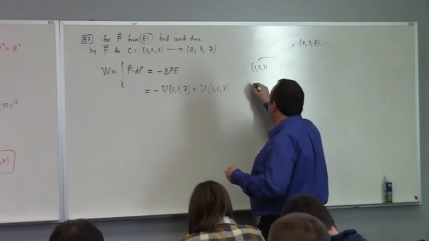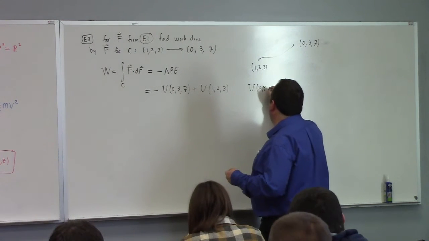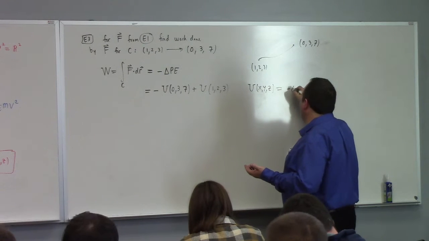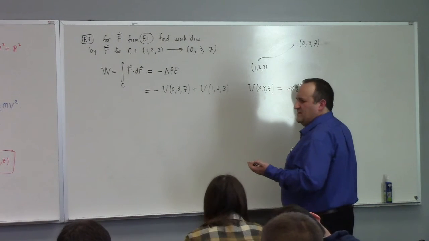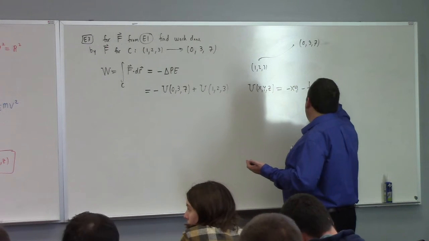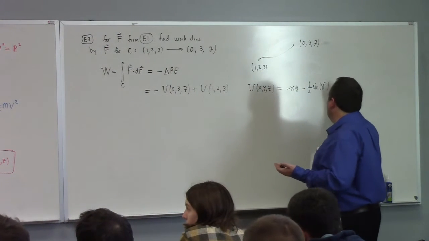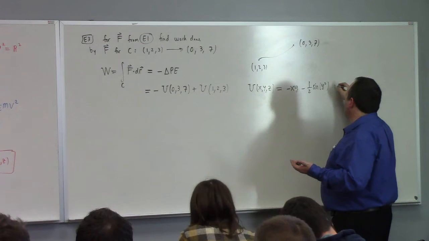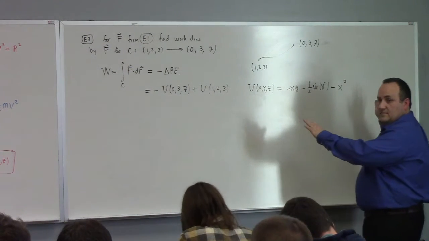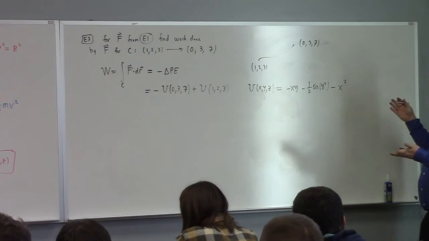You guys will have to remind me. U of x, y, z equals what? I remember a minus xy. I'm remembering like a minus 1/2 sine of y squared. Is that right? Minus xy minus x squared minus 1/2 sine y squared. And there's a minus x squared as well? Yes. Is that it? All right, so that's the potential energy function here.